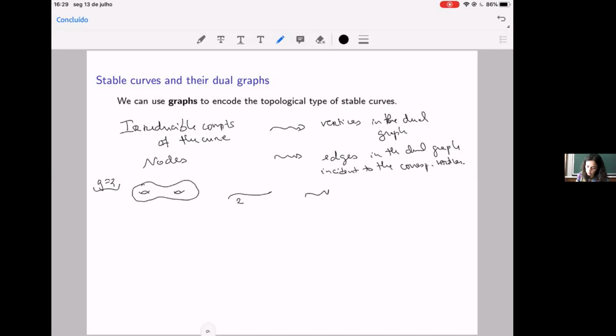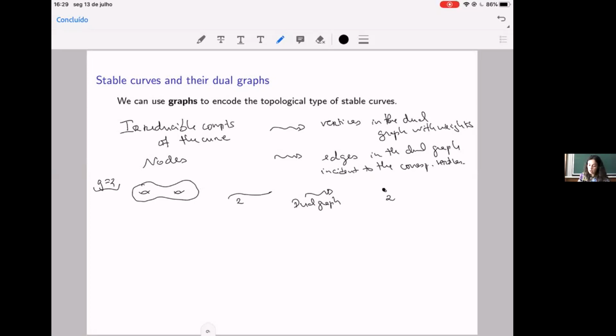And then the dual graph is going to be very easy. It's just one vertex. Actually, let me say that the graph is going to be with weights. So here I will put weight 2 on the vertex to mean that the corresponding component has genus 2.